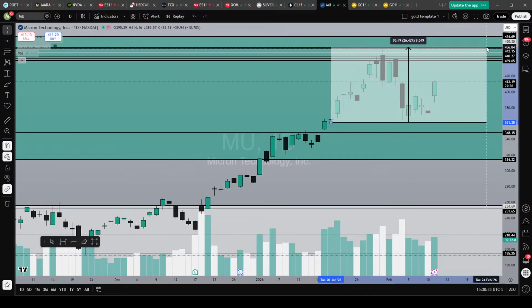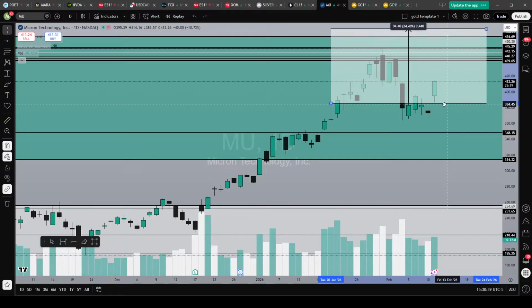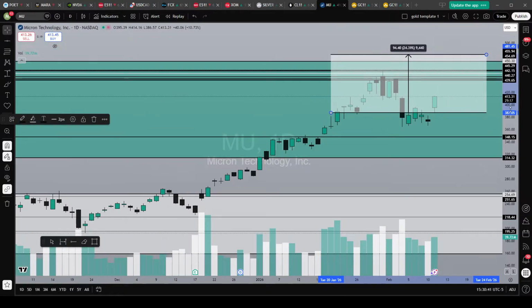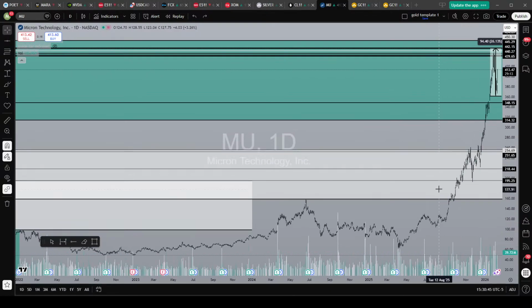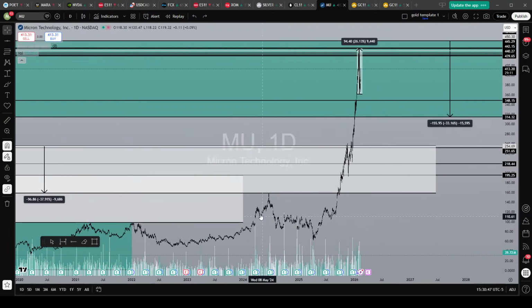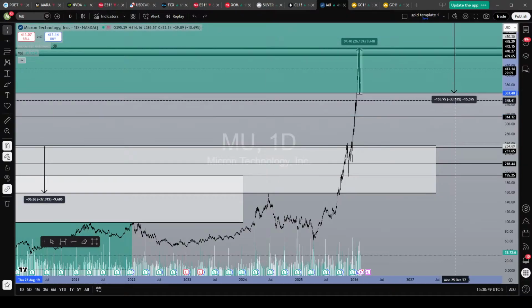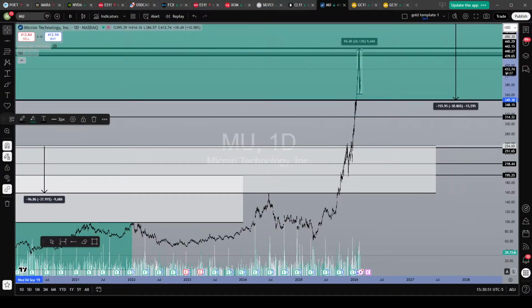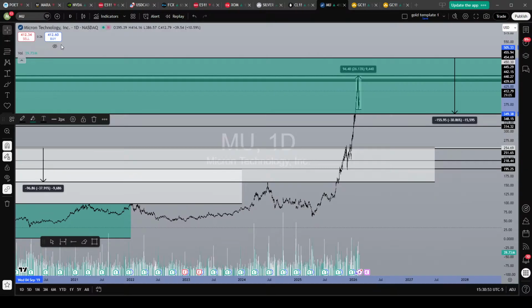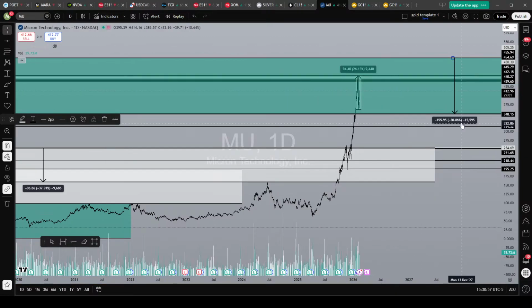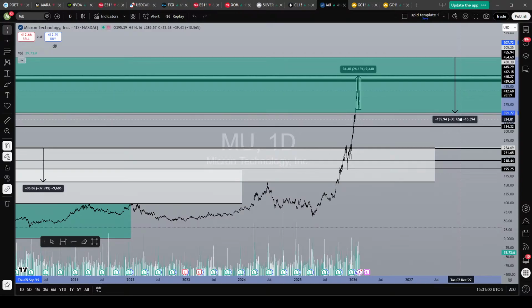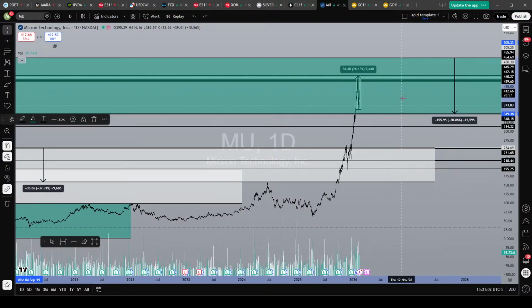But there's a lot of overhead in this area here, and that's where it could potentially be heading. Or you could even incorporate the wider ranges off of these areas here. That would probably take you close to the 500 mark, 505, 506. Okay, maybe that range in there.